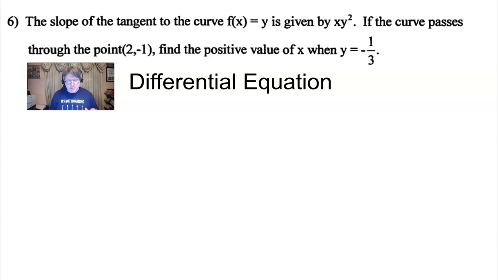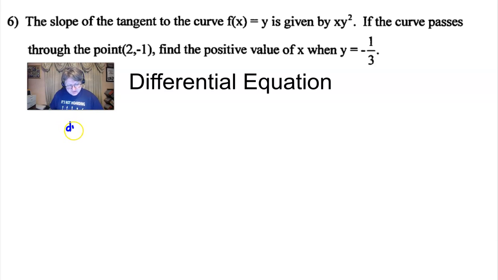It says the slope of the tangent to the curve f of x equal y is given by xy squared. If we stop right there and translate that into mathematics, the word slope in calculus means the derivative.